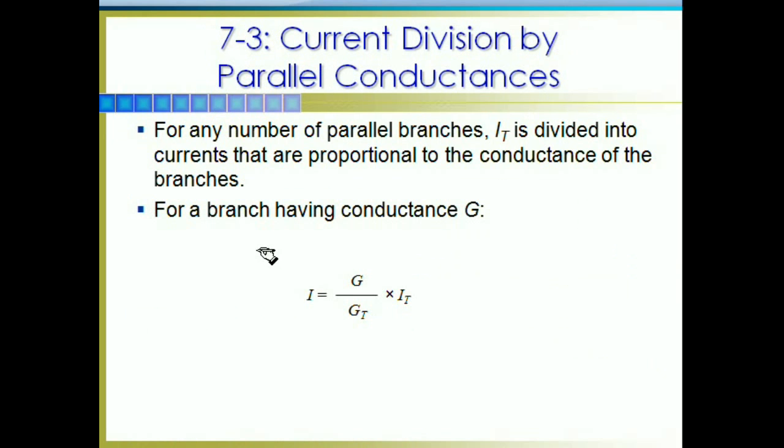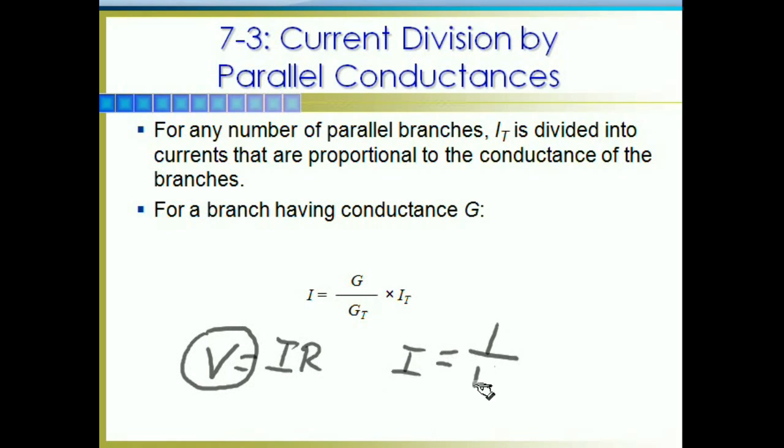Now, current division by parallel conductance. Let's go back to Ohm's law. V equals IR, which means with a constant voltage, I is going to equal 1 over R. So the relationship between current and resistance is inverse.